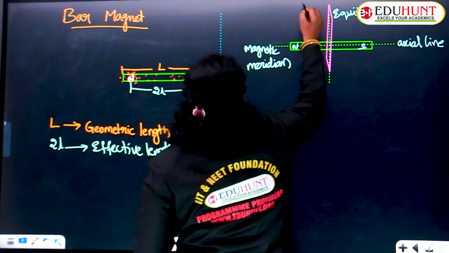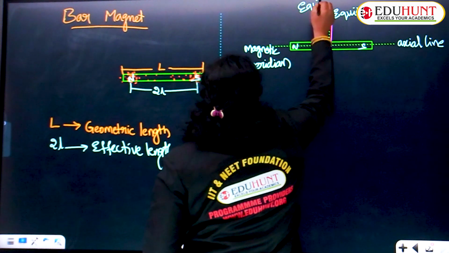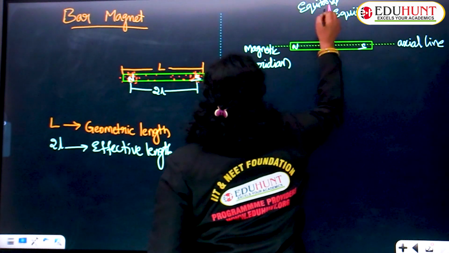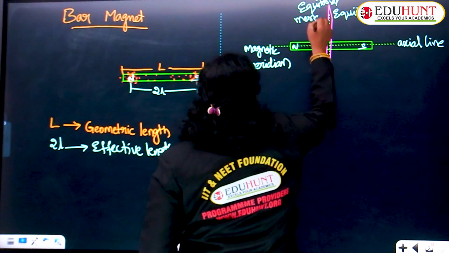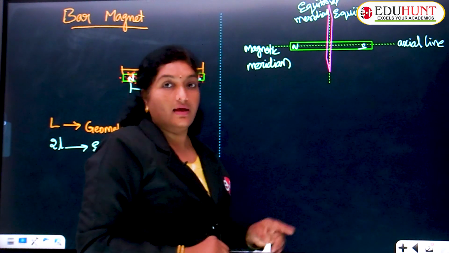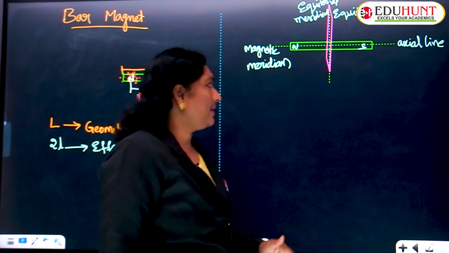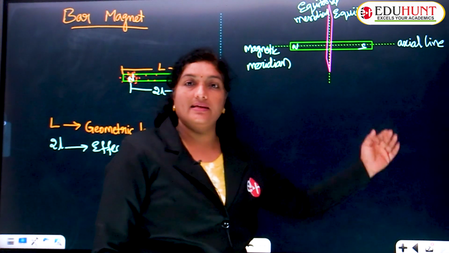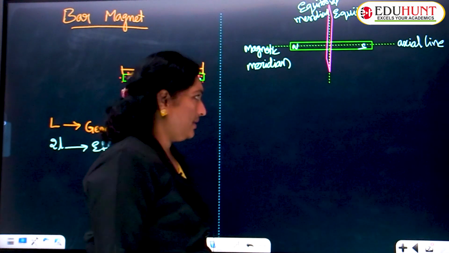So, what is this called, children? If you talk about a plane, that is called a meridian. Along the equator, equatorial meridian. The line means equatorial line. Along the axis, axial line and magnetic meridian.